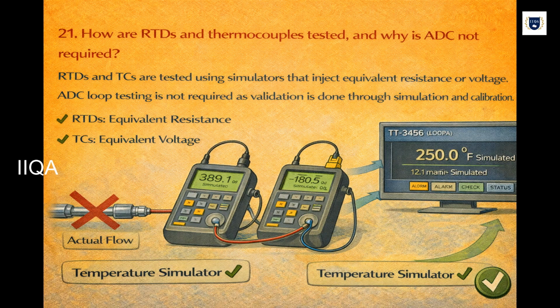How are RTDs and thermocouples tested, and why is ADC not required? RTDs and TCs are tested using simulators that inject equivalent resistance or voltage. ADC loop testing is not required as validation is done through simulation and calibration.